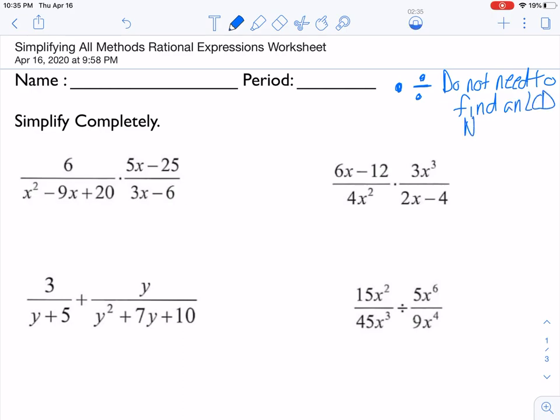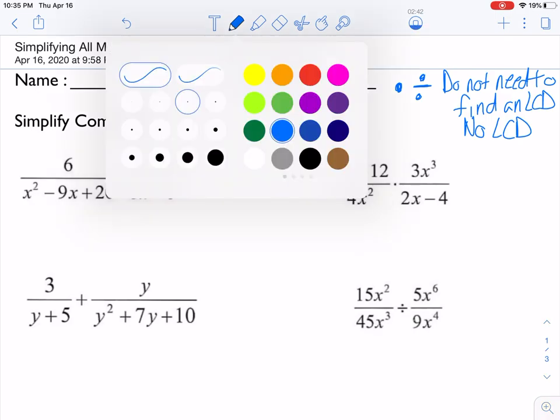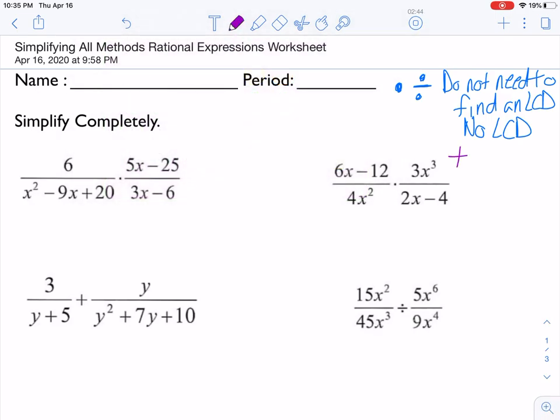So no LCD on those whenever you see a dot or a division sign. If you see a plus or a minus in between the 2 fraction lines, so like for example here, in between my 2 fractions, I have a plus in between, I need to find the LCD.